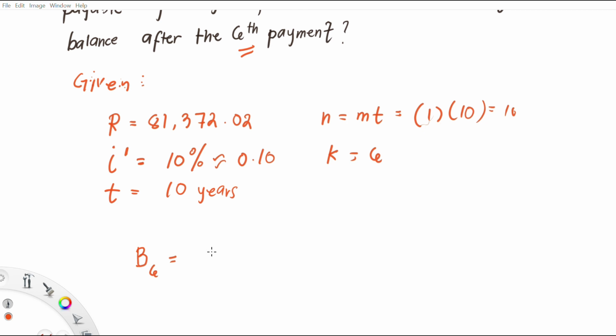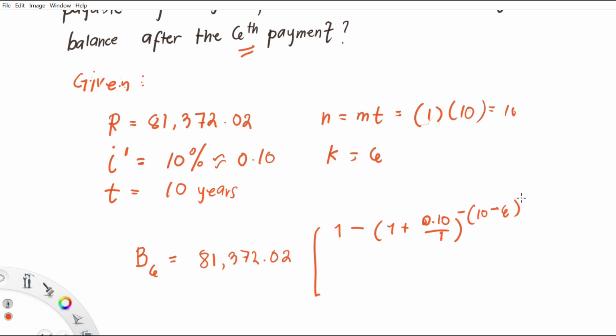We have R as 81,372 times 1 minus (1 plus 0.10) to the power of negative (10 minus 6) over 0.10.